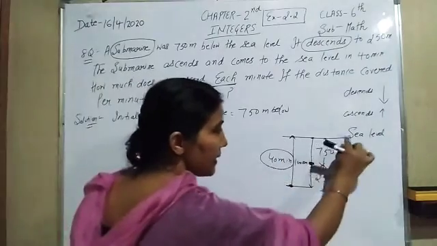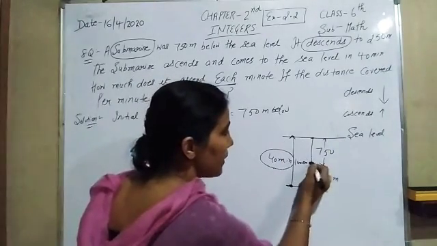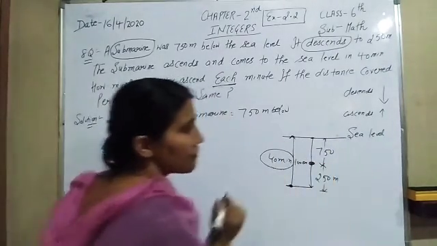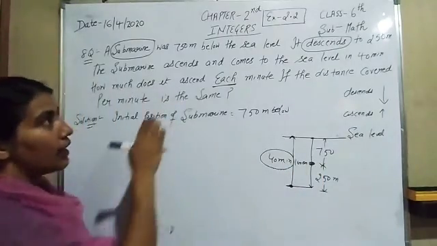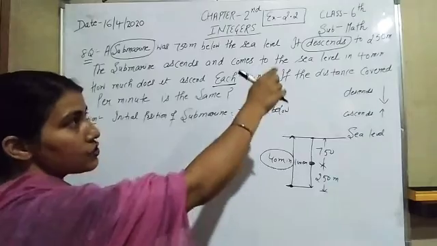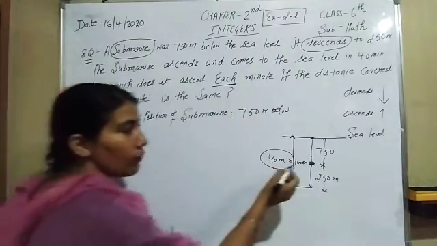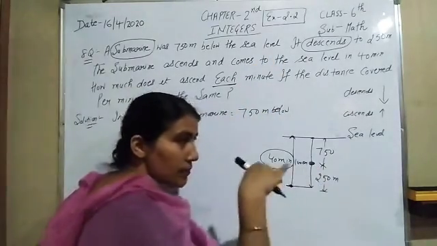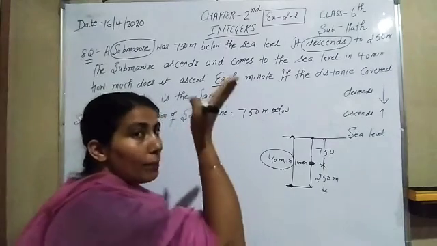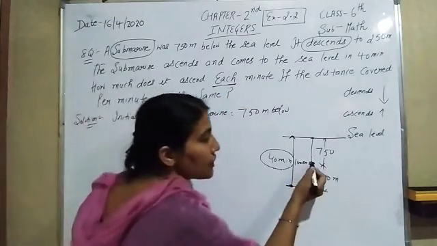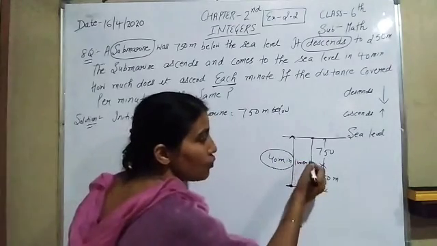That means here is the sea level, and below the sea level is the initial position of the submarine. After that, it descends 250 meters. Descends means going downward, ascends means going upward. From this position, it descends 250 meters.